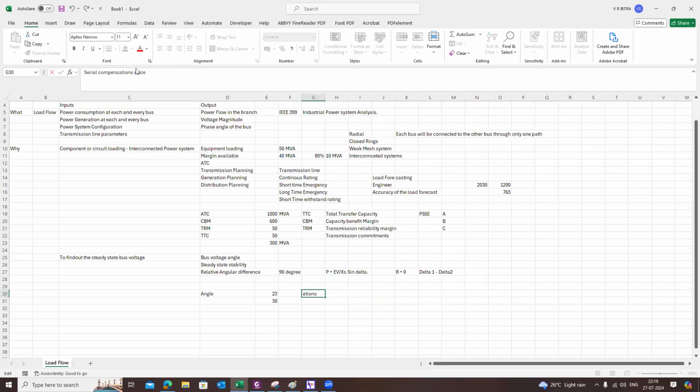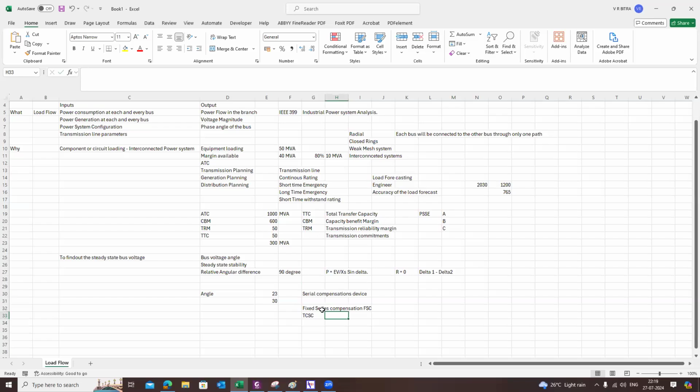This is to increase the power flow by reducing the angular difference between the sending end and the receiving end. So what are series compensation devices? A typical example is fixed series compensation, which we will call FSC, or thyristor controlled series compensation, TCSC.